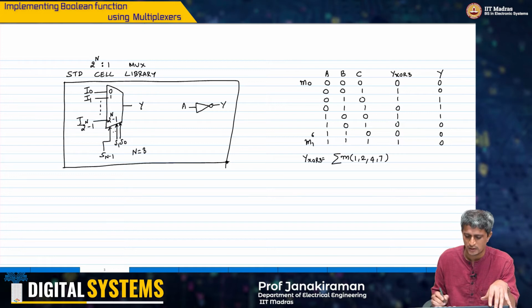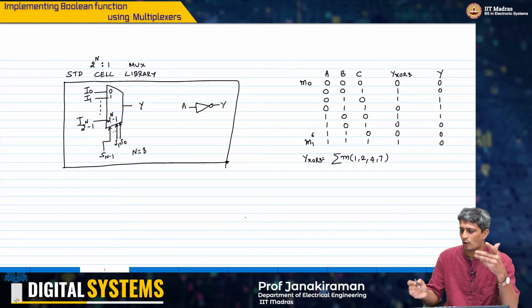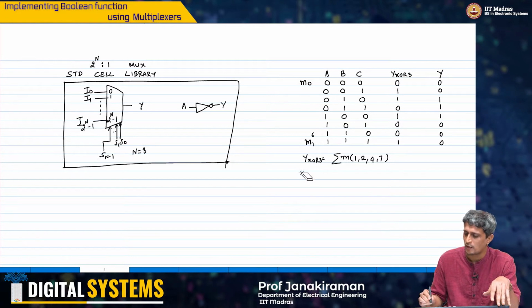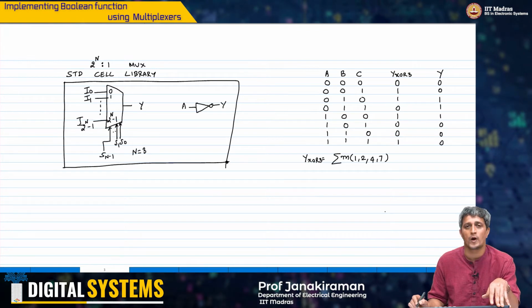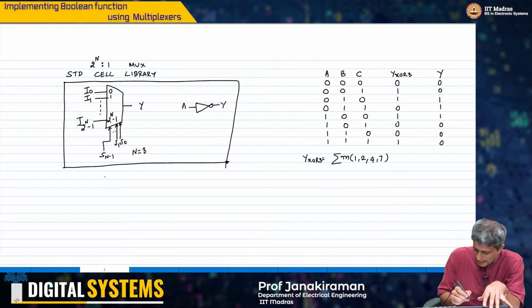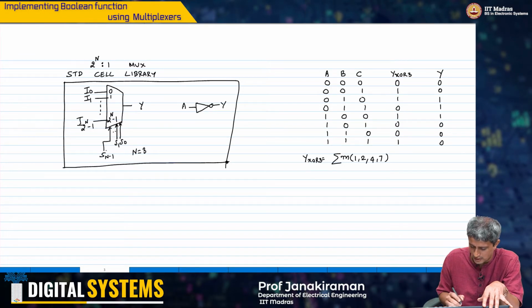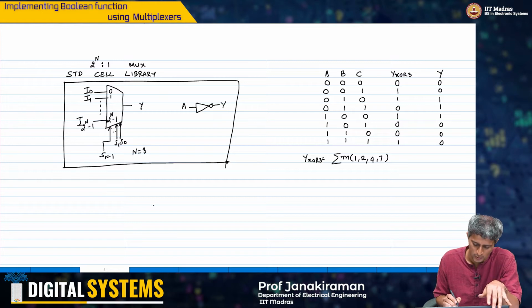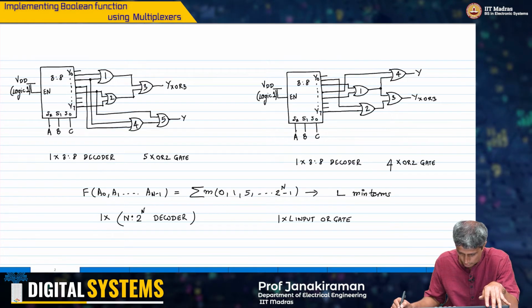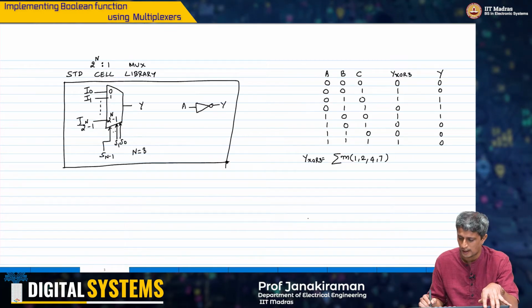Okay, so it's an 8:1 multiplexer that we are talking about, right? So I want to implement this function y XOR 3 is equal to this sum of minterms 1, 2, 4 and 7. Okay, by the way, A is the MSB and C is the LSB.